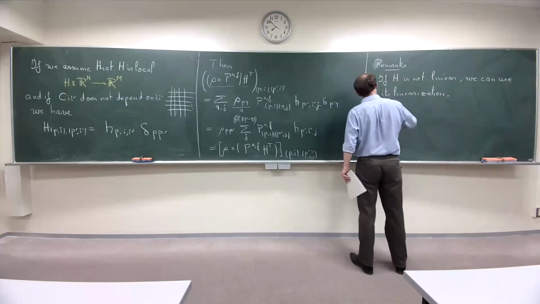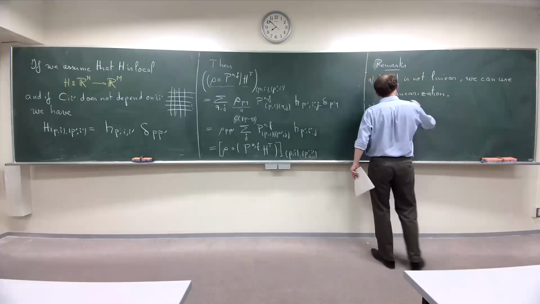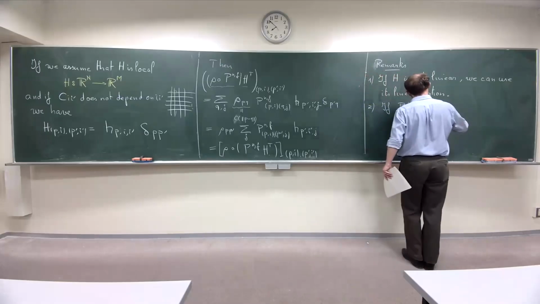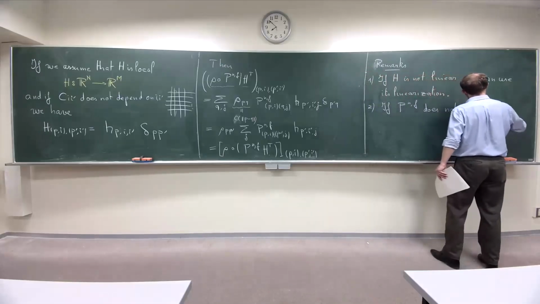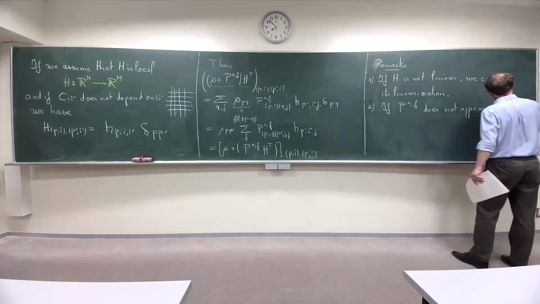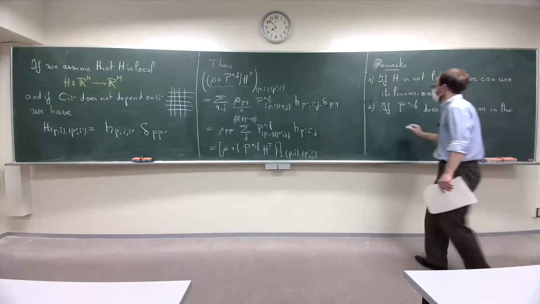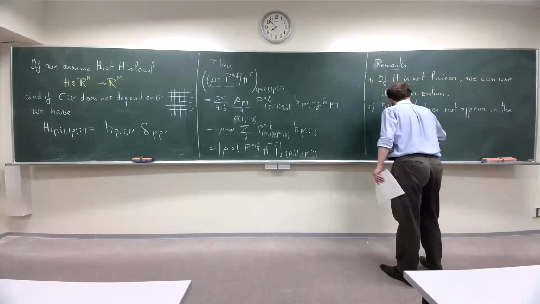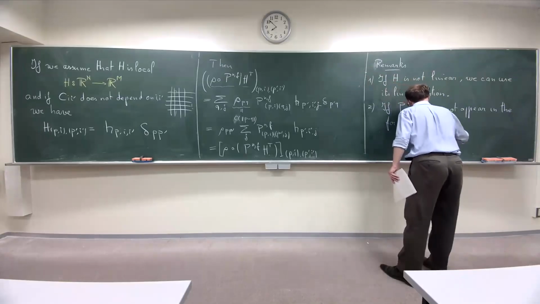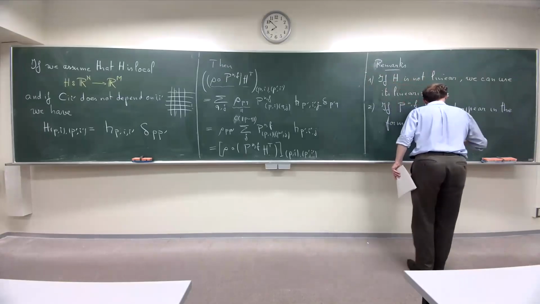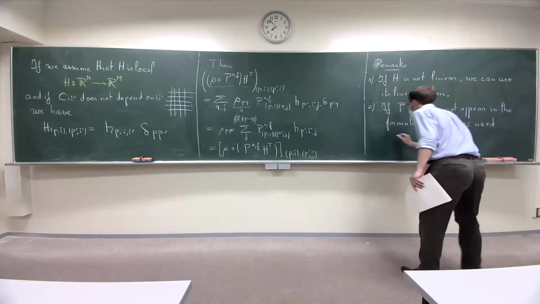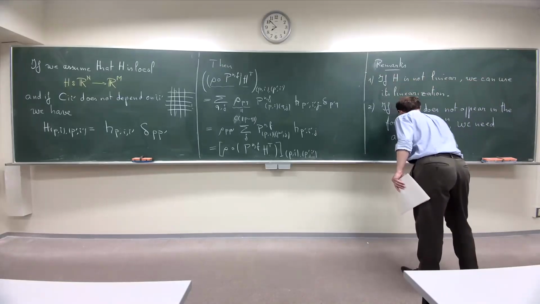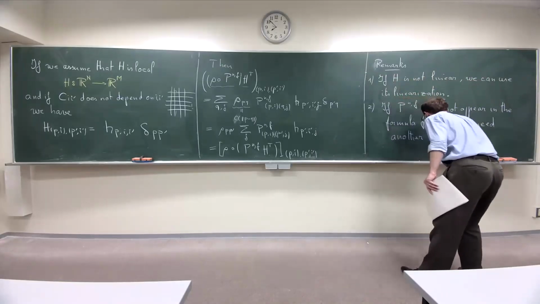But the second point: if P and F do not appear in the formula for Kn, we need another approach. And this is what I'm going to do.